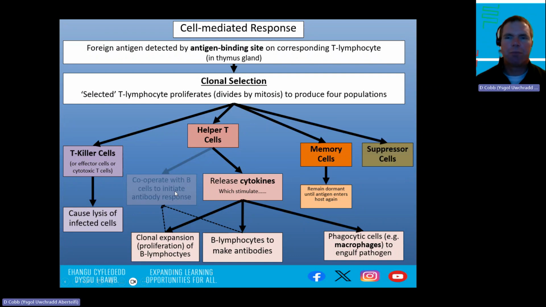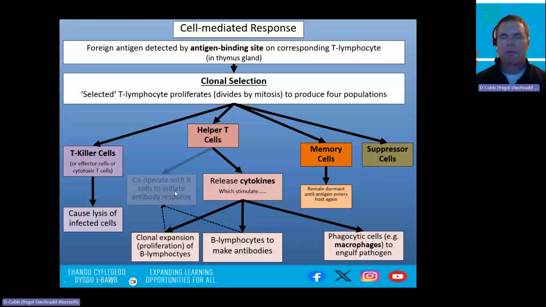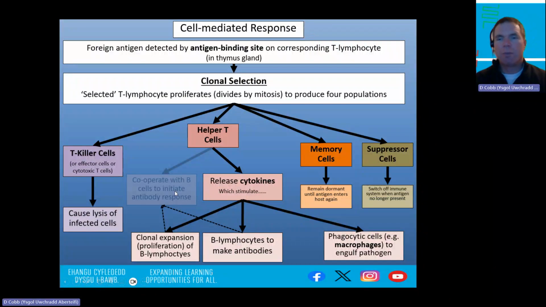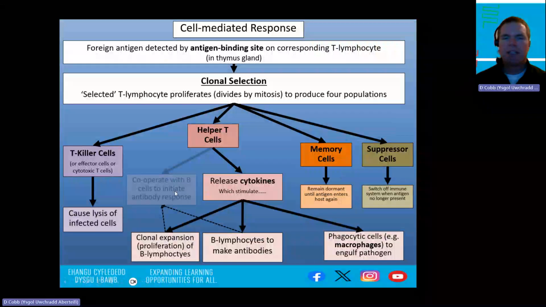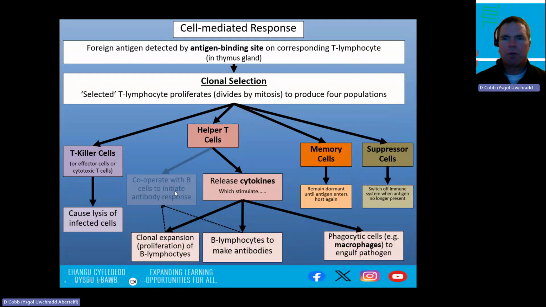And finally, we have suppressor cells. So suppressor cells, their job is to suppress the immune system, or to switch off the immune system once that antigen is no longer inside the body. So you can sometimes have diseases where these suppressor cells don't work, and you've got sort of a hyperactive immune system. So these are really important for just calming things down afterwards.